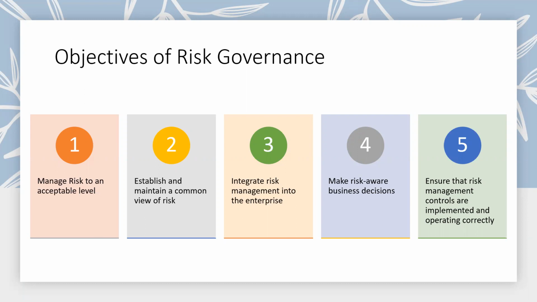Risk management needs to be integrated across an organization. And business decisions need to be made having considered risk. What is the risk to the business if I were to implement this course of action?